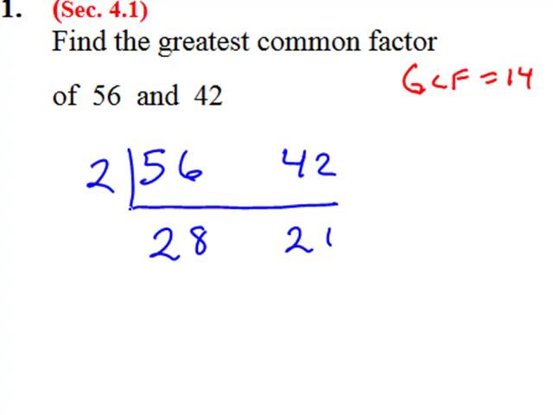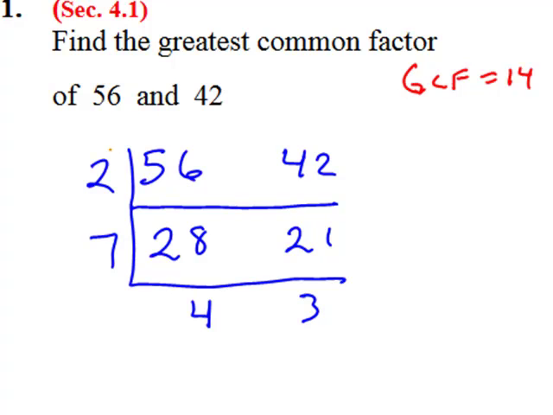And now we look to see if these have another factor in common. Between 28 and 21, they do. They have 7 in common. So we divide out 7. We get 4 and 3. And the only thing that 4 and 3 have in common is the factor 1, which means we don't need to consider taking it any further.